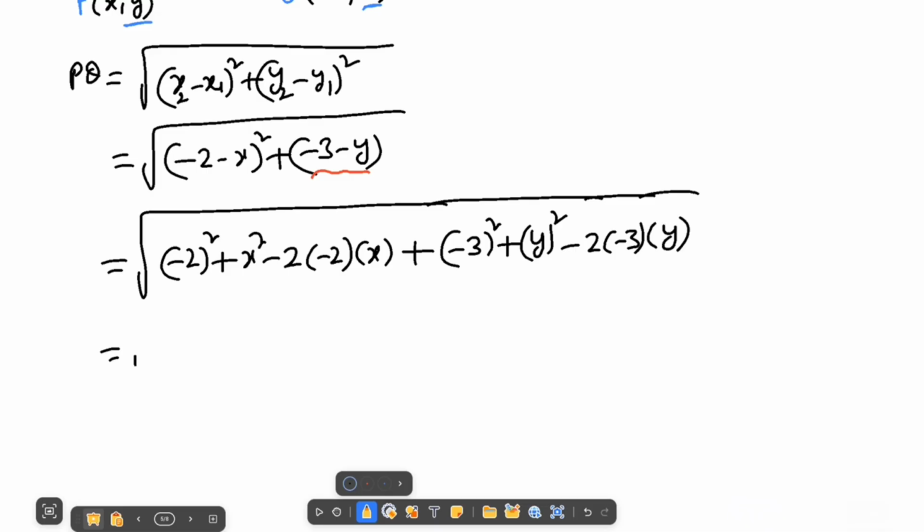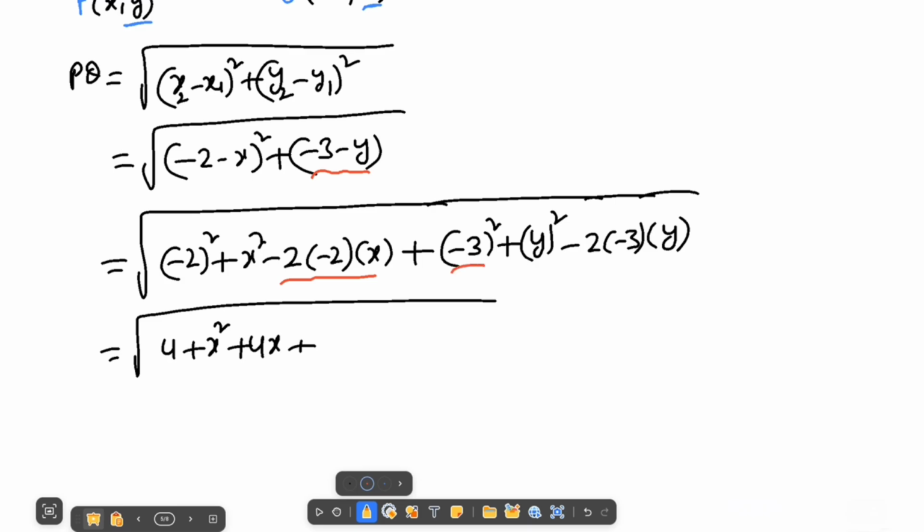Now this will be equals to minus 2 whole square is plus 4, x square is x square. Now here minus 2 into minus 2 into x, plus 4x, and minus 3 whole square is plus 9, plus y square. Now here minus 2 into minus 3 into y, plus 6y.